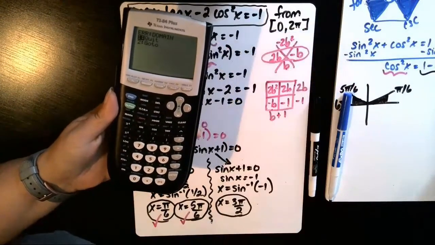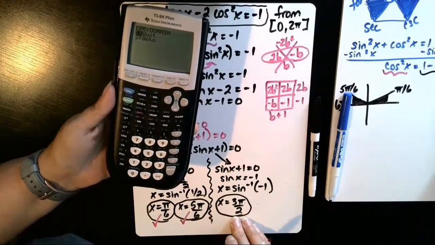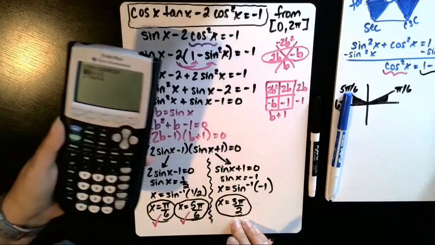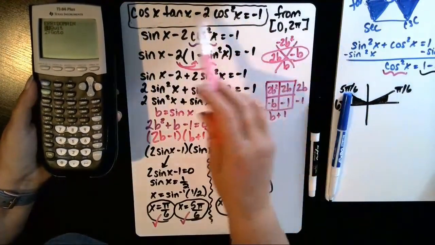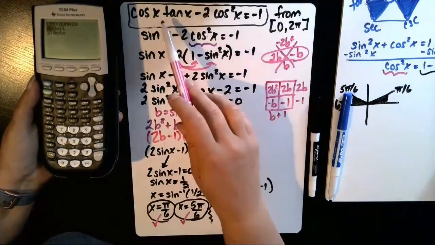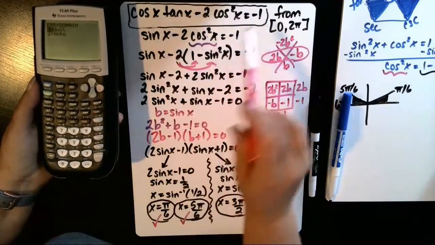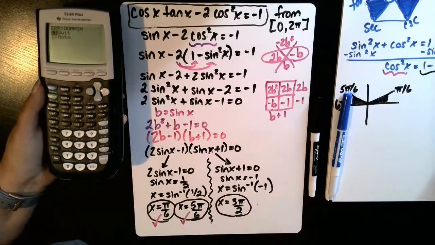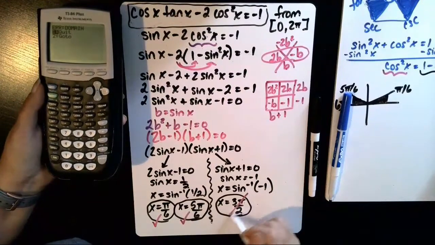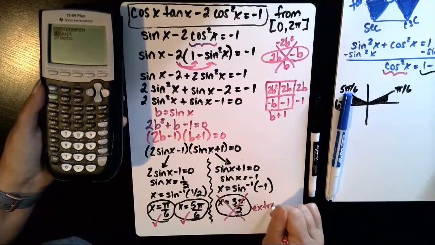Okay, that means that this 3 pi over 2 is causing an error in our original equation, and when we look back up here, there's a tangent ratio times a cosine. We've got places here where something is causing this to be outside of the domain. So this answer we have to throw out and write extraneous.